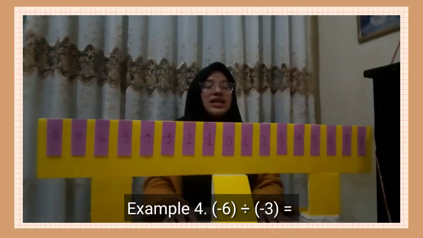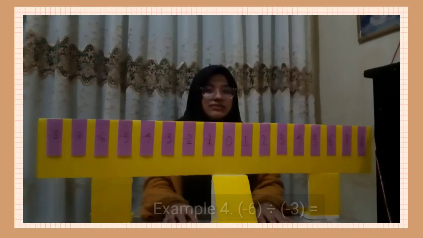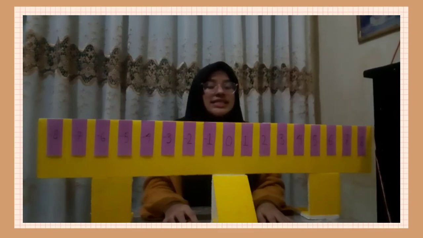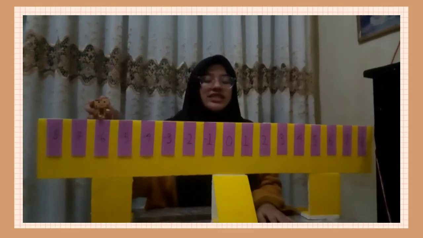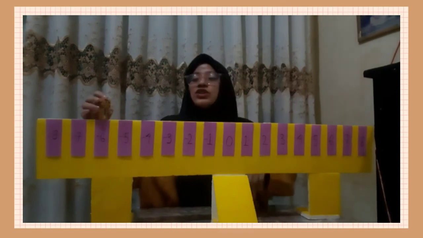Example 4. Negative 6 divided by negative 3. Because the dividend is negative 6, our initial position is at negative 6. Because the divisor is a negative integer, the object will face to the right.